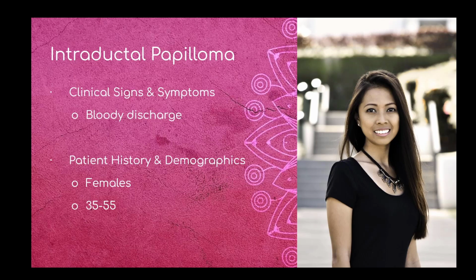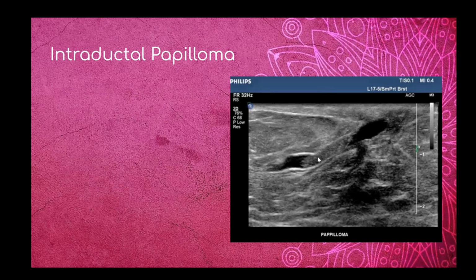So, if you're young and you have blood coming out of your nipple, that's a little scary. And so what we will do then for these patients is have a mammogram, and then we'll do an ultrasound, and what we'll see is going to be a dilated duct, most likely, with something inside of it.